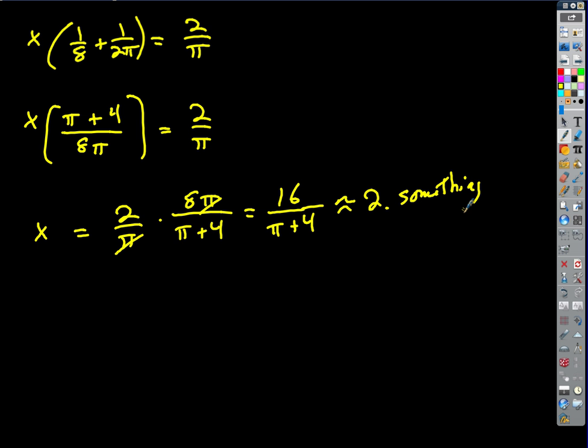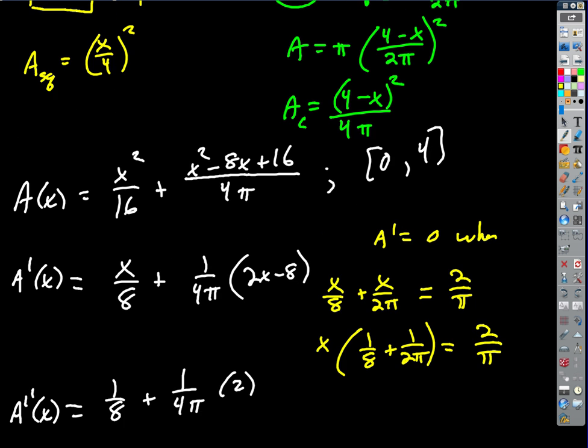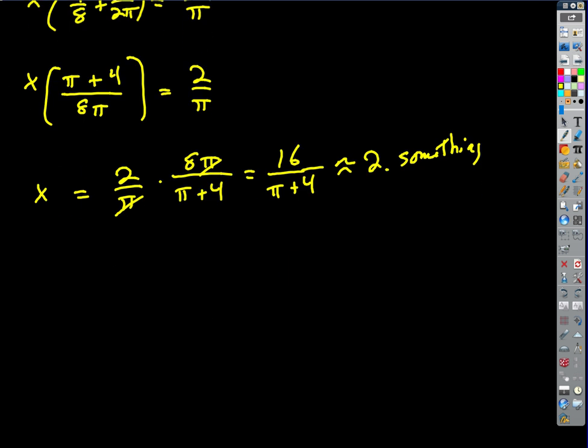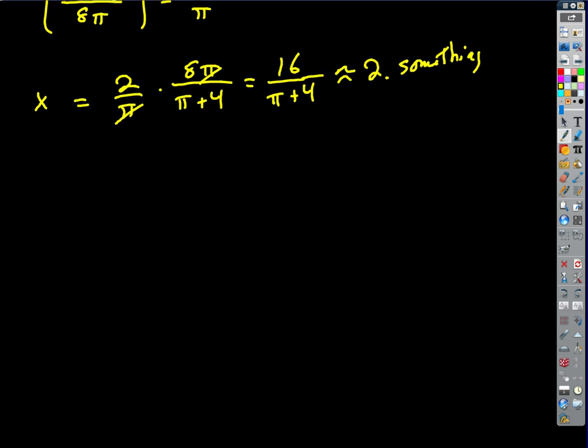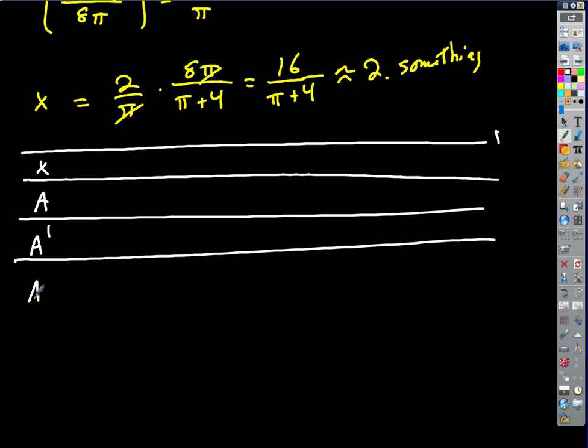For our table, let's do it over here. We've got x, A, and A double prime.